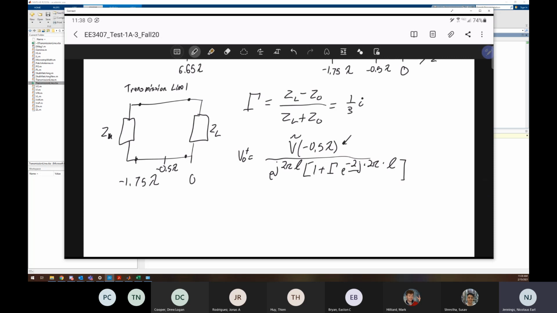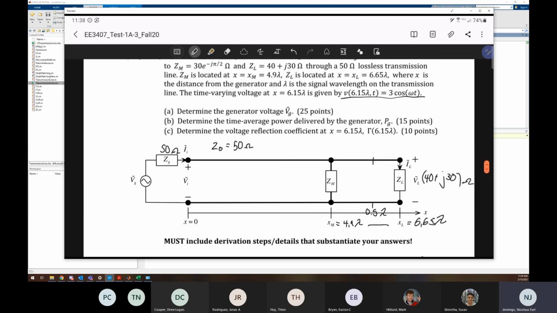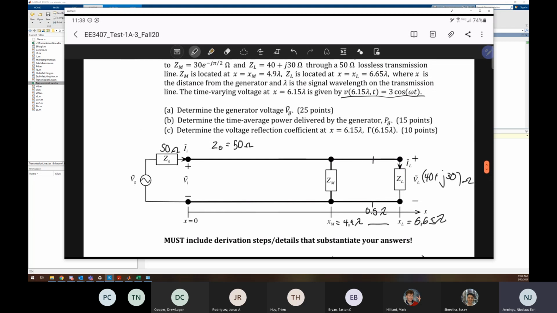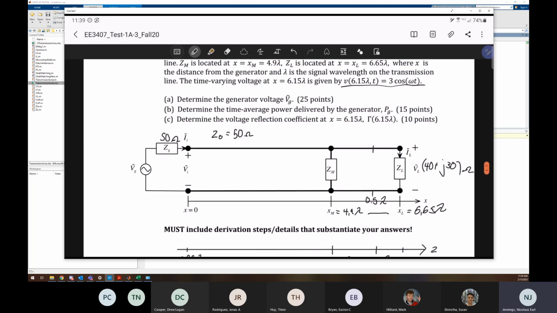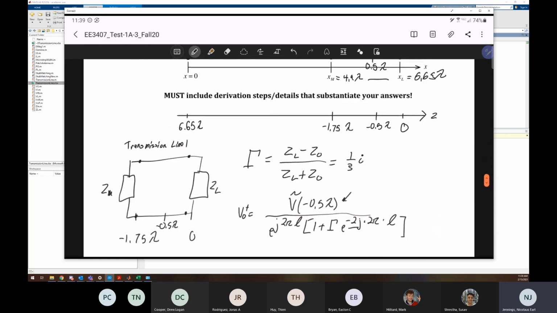So we can convert 3 cosine omega t to phasor. Anyone know what that is? Isn't it just 3?